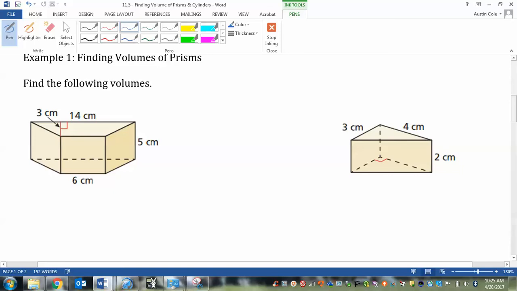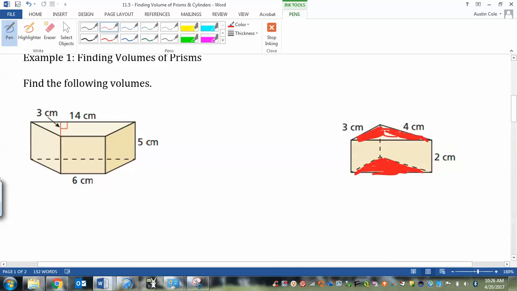So the base is going to be this triangle down here. Okay, you have one more base on there. What's the other one? The one above it, right? This one right here. So both of those are going to be your bases.